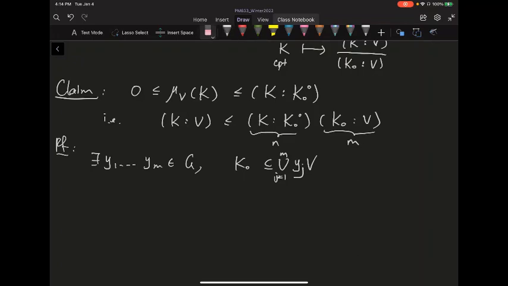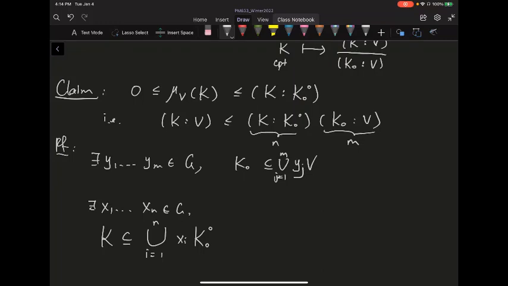And similarly, you can cover your k by the interior of k0, so there exist x1 up to xn inside G, so that your k is covered by the union of i going from 1 to n of these xi translates of the interior of k0.